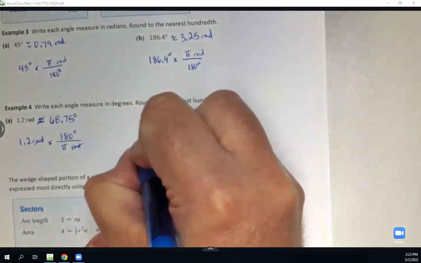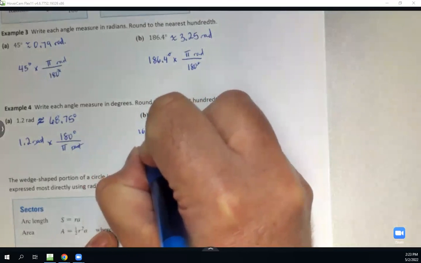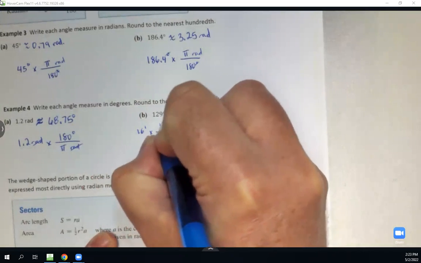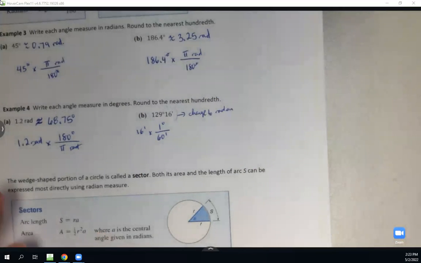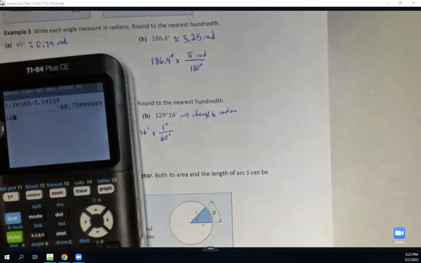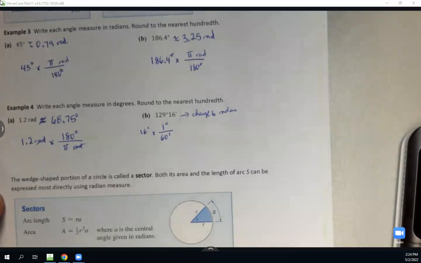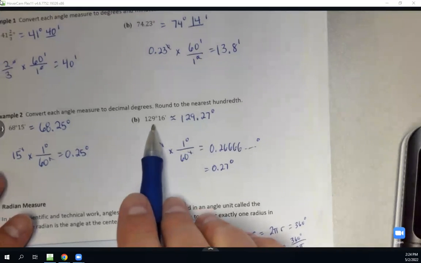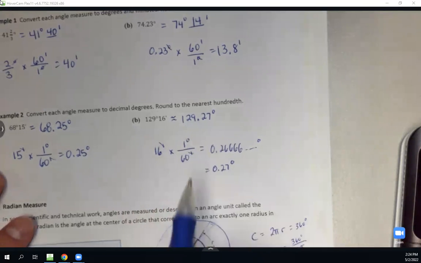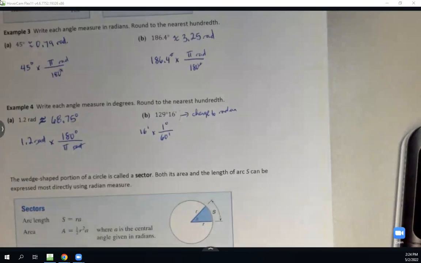So the 16 minutes, we know that there's 60 minutes in 1 degree. So I'm going to take 16 divided by 60. And so that is 0.266 repeating. We actually did that problem earlier. Okay. So that's really 129.27 degrees.